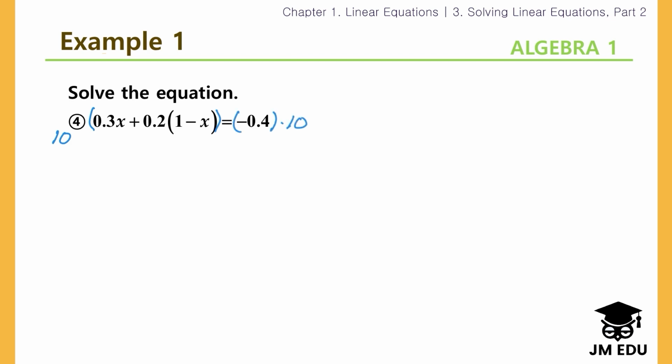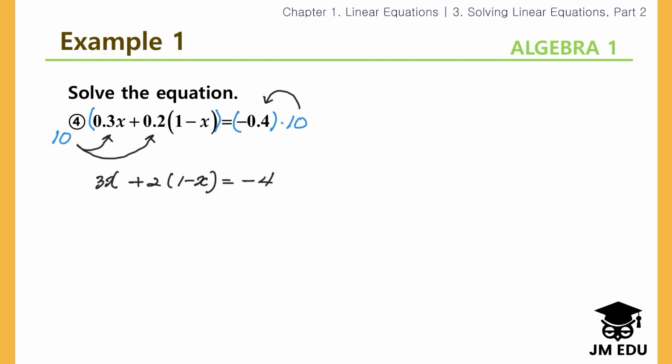So times 10 here. So 10 times 0.3x, that's 3x. 10 times 0.2, that's 2. And we have 1 minus x is equal to 10 times 0.4, that's minus 4.